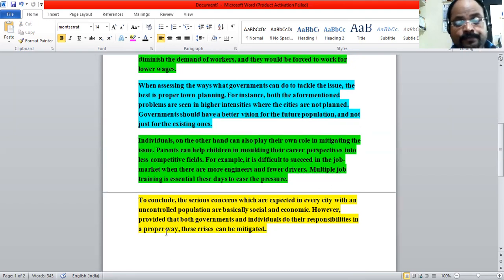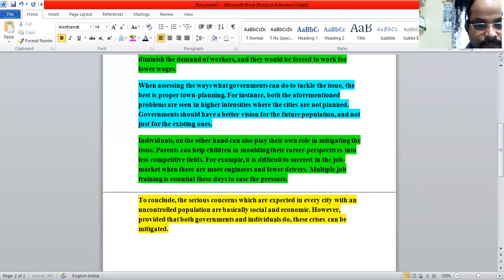Now, to conclude, the serious concerns which are expected in every city with an uncontrolled population are basically social and economic. However, provided that both governments and individuals act rationally, these crises can be mitigated.